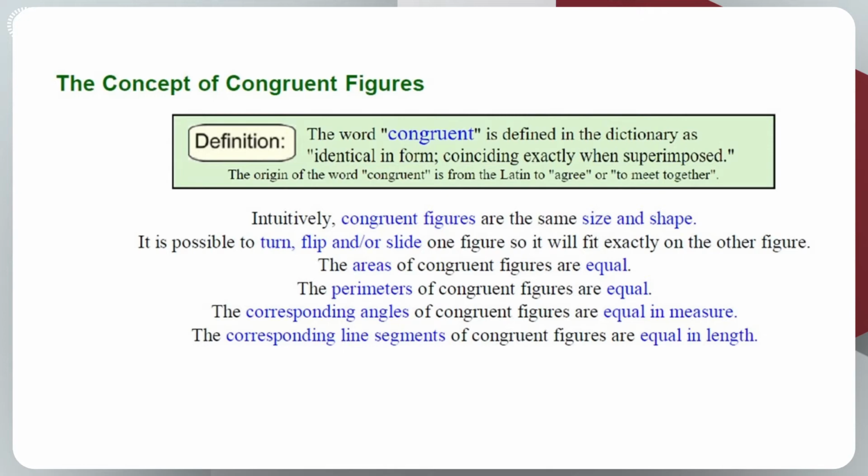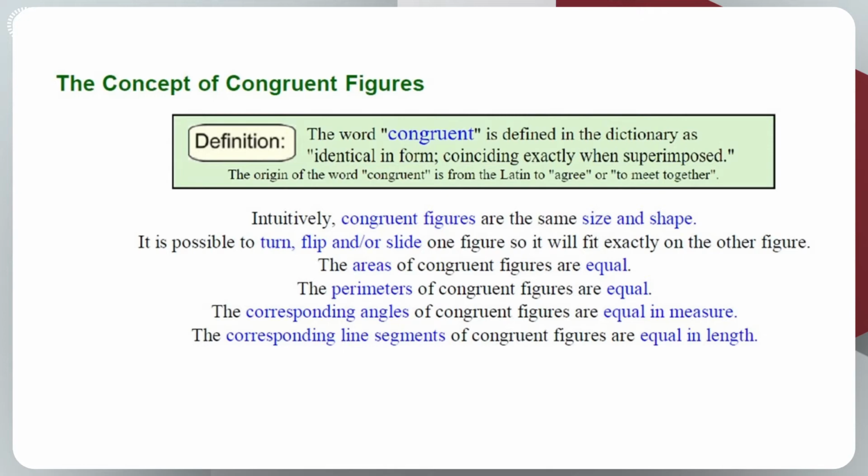It follows also that if they have the same area, they have the same perimeter, or the perimeters of congruent figures are equal. Okay, that is established. Then it follows also that the corresponding angles of congruent figures are equal in measure.